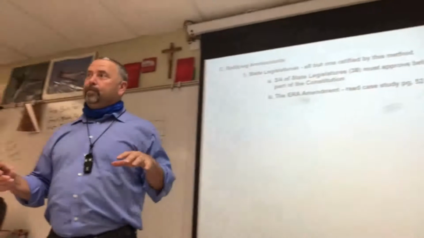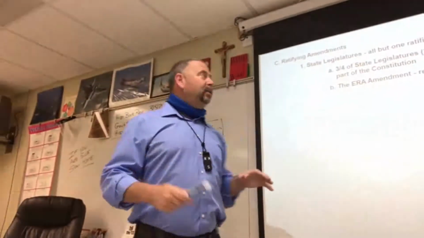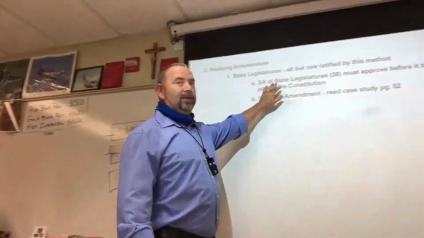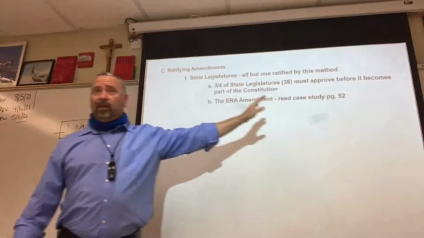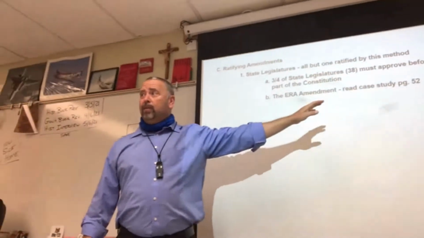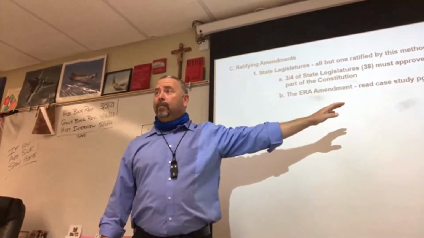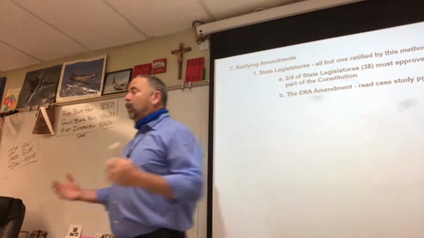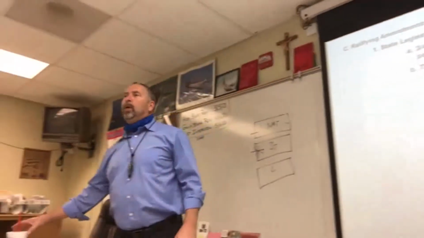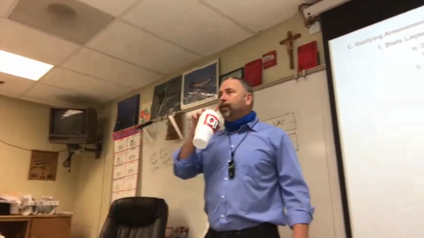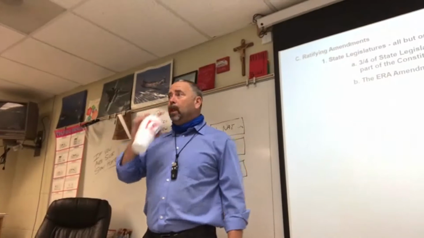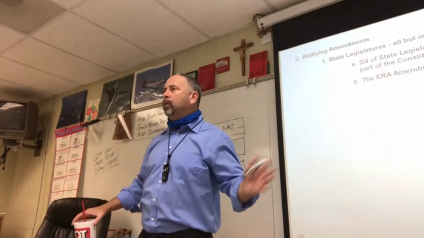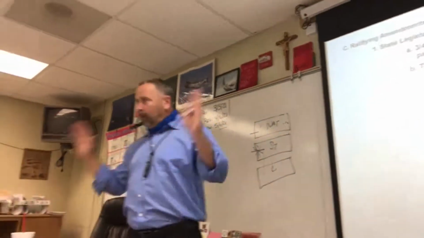So 26 of the 27 have been ratified by state legislatures, and you need 3/4 of the state legislatures. That's a lot, 38. So you guys have heard people talk about doing away with the electoral college? Like, we need to just go to the popular vote. It's not fair, whatever, okay?